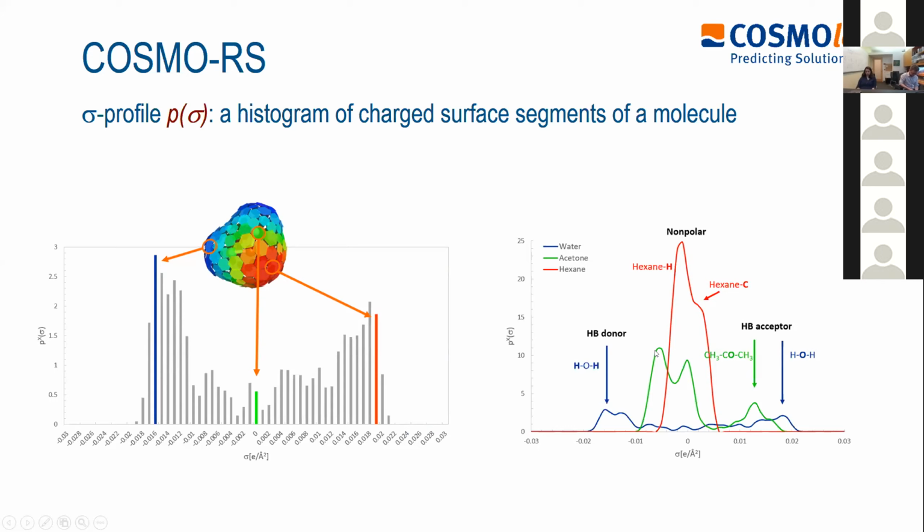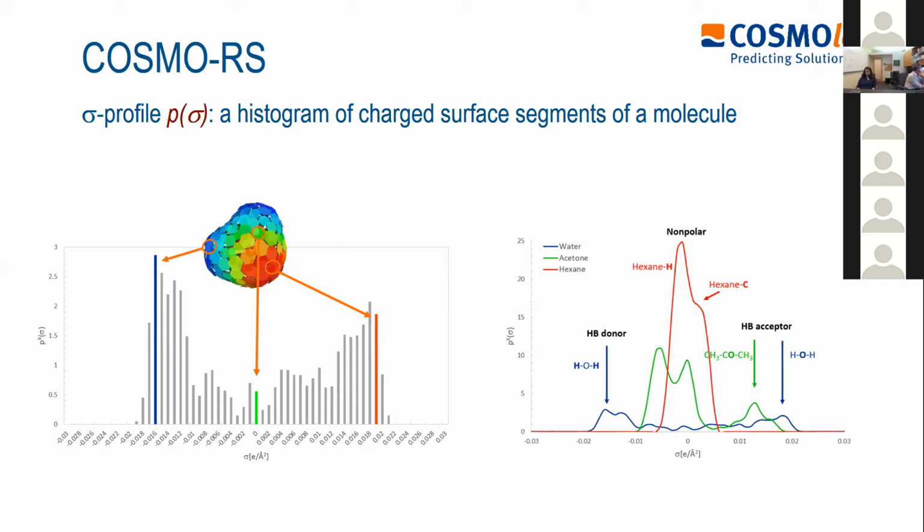This is an example of a sigma profile on the right side. For example, you have here the sigma profile of hexane, which is rather nonpolar. So you only have a peak in the middle, in the neutral range. For more polar molecules like acetone, you have a peak here on the positive side, which is due to the fact that this is a screening charge, so the sign is inverted.